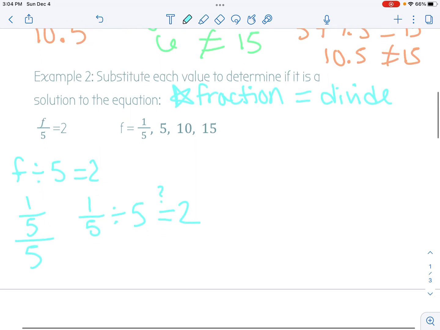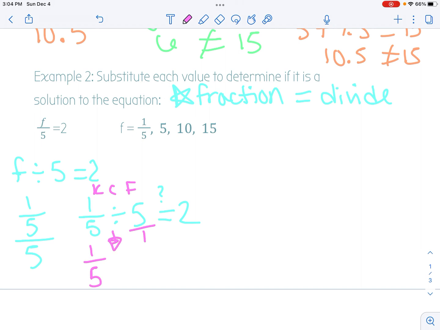When we are dividing fractions, hopefully you remember, we do keep, change, flip. I also need to write 5 as a fraction. Any whole number as a fraction has a denominator of 1. I keep my first fraction the same, change division to multiplication, and flip, or take the reciprocal of, my second fraction. So 5 over 1 becomes 1 over 5.